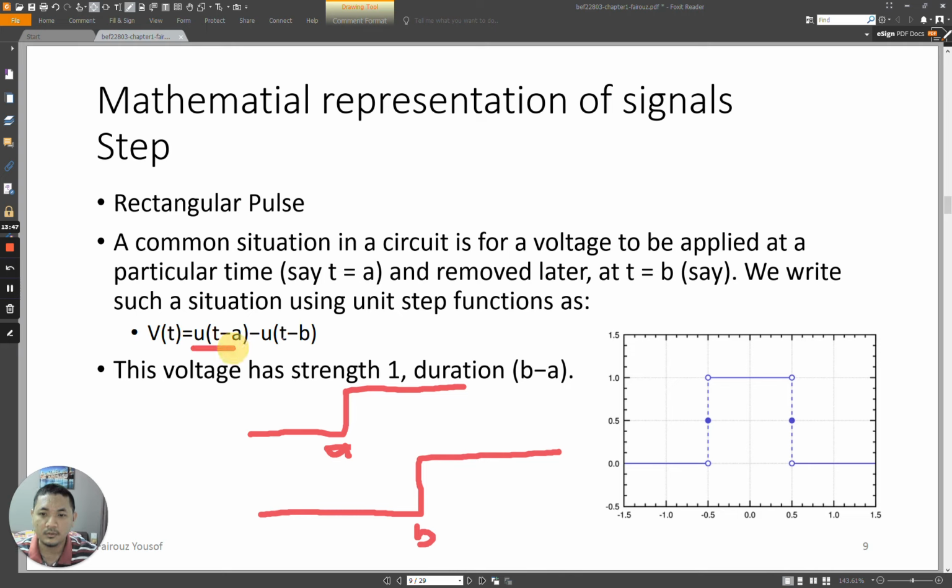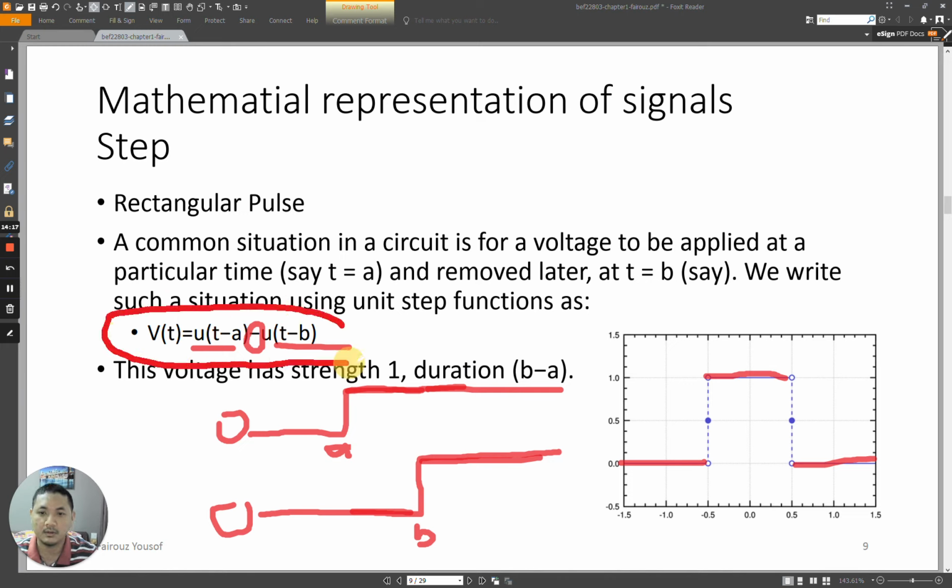So if these two signals we subtract, then okay, this is at 0, this is at 0, so 0 minus 0 is 0, this is 1, this is 0, is 1, okay, this is 1 minus 1, we have 0. Okay, right? So this is the mathematical representation of the rectangular pulse. Okay, so please understand the concept of this, because later on it will be much more difficult.